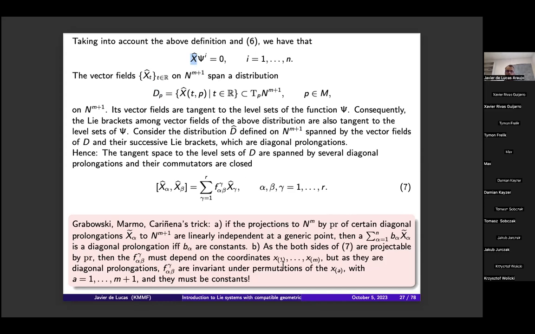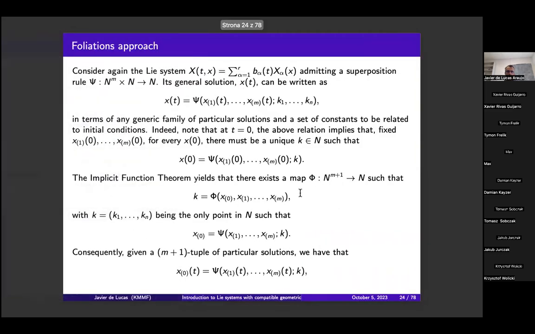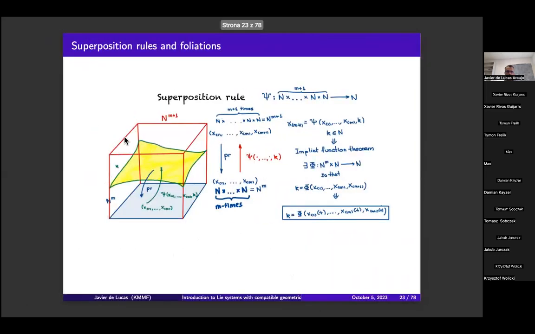And there was a trick to prove that, and the trick was that these vector fields of the psi I in the diagram I wrote in here are constant on it. So these time-dependent vector fields for each value t are vector fields tangent to these leaves.